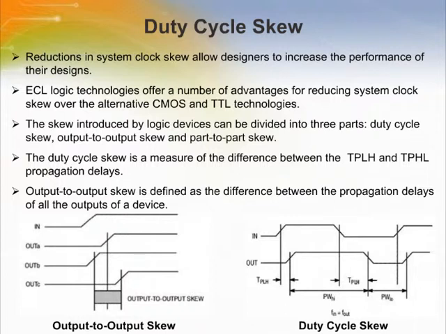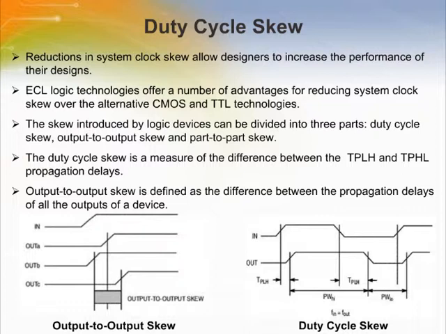Clock skew. The difference in time between simultaneous clock transitions within a system is a major component of the constraints which form the upper bound for the system clock frequency. The skew introduced by logic devices can be divided into three parts: duty cycle skew, output-to-output skew, and part-to-part skew.